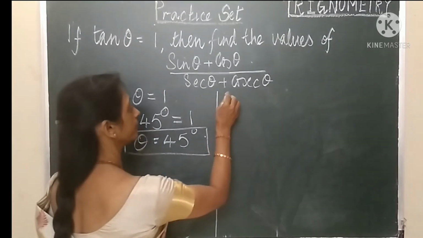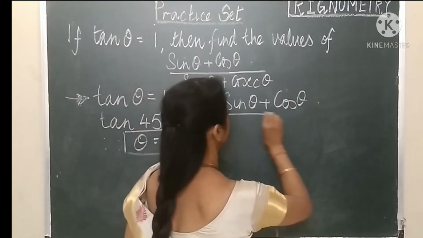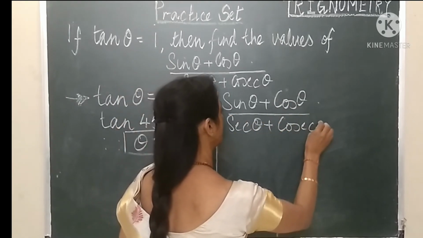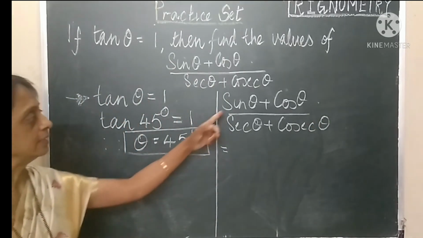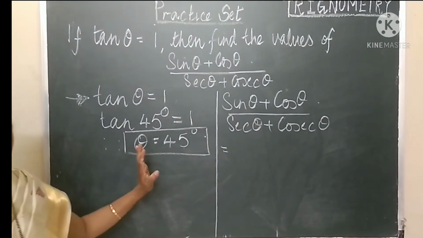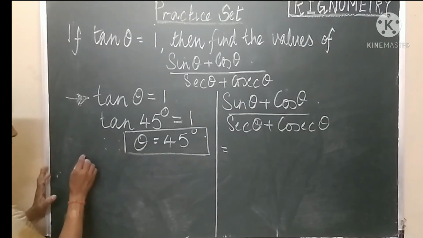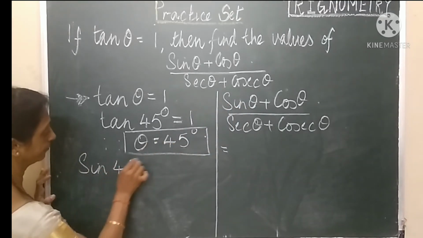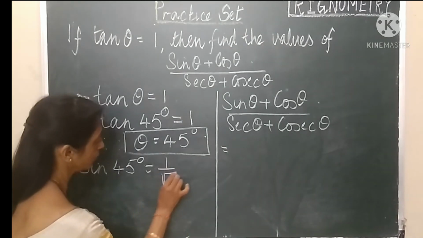Let's write down sin theta plus cos theta upon sec theta plus cosec theta. For this, children, we have to recall the value of sin 45, as theta is equal to 45, cos 45, sec 45 and cosec 45. We know that sin of 45 degrees is equal to 1 upon root 2.